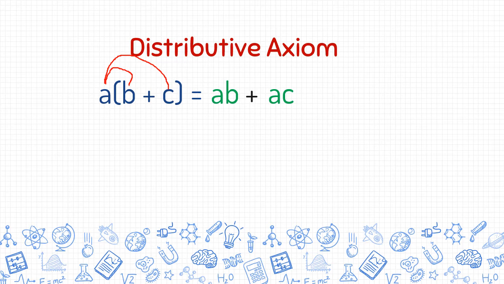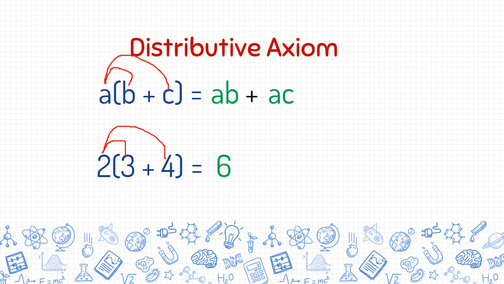A multiplied by C, we have AC. So let's try in numbers. Distribute 2 to 3 and 2 to 4. So 2 times 3 is 6 plus 2 times 4, we have 8, and 6 plus 8 is equal to 14. Therefore, if we distribute 2 from the sum of 3 and 4, the answer is 14.